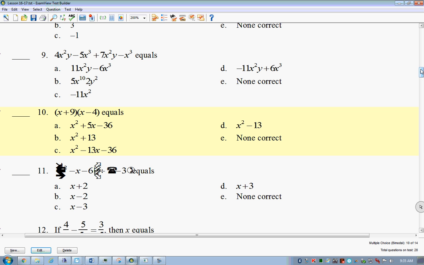Tiffany? You can combine like terms. Can you tell me what 2 like terms might be? Okay, good. What is 4x squared y plus 7x squared y?